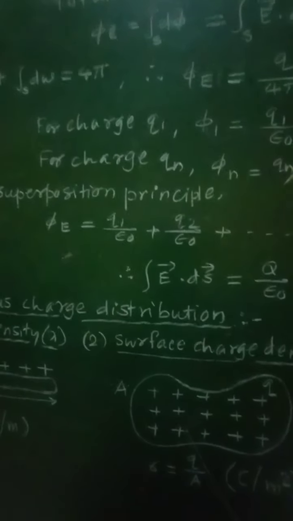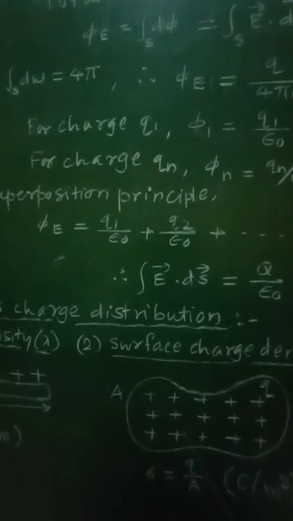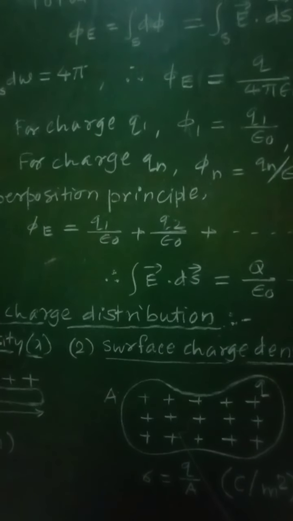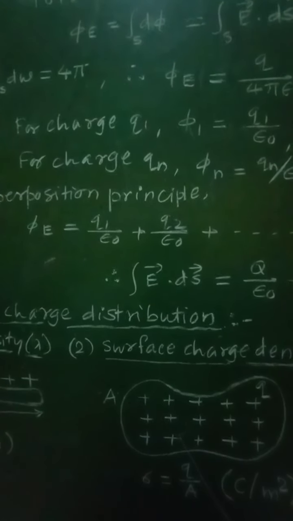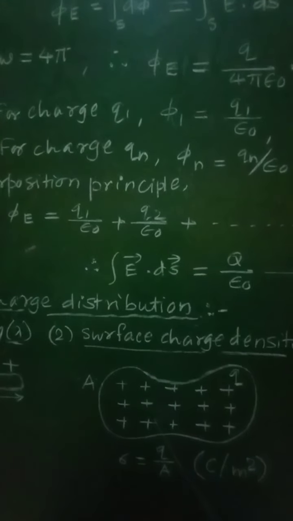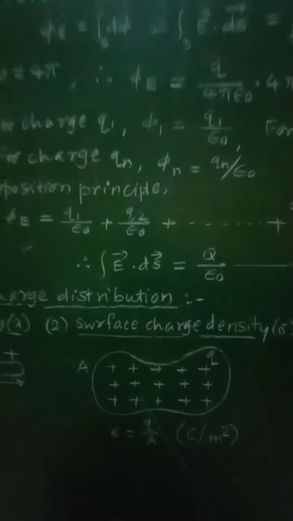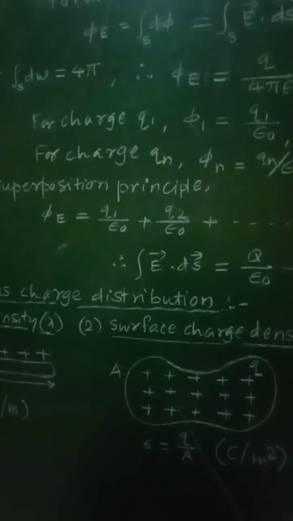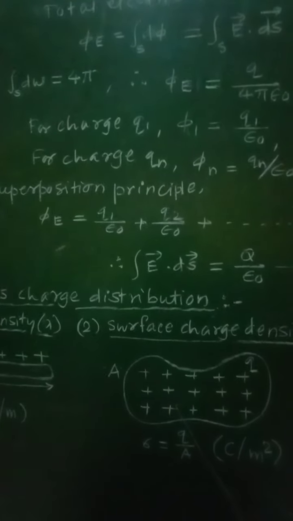So this is the statement of Gauss law. This law is applicable to any closed surface of regular or irregular shape. Whatever may be the shape of the surface, we can apply Gauss law or Gauss theorem to it.